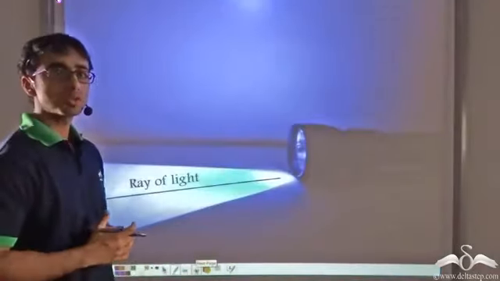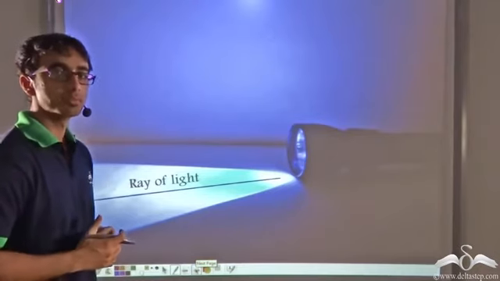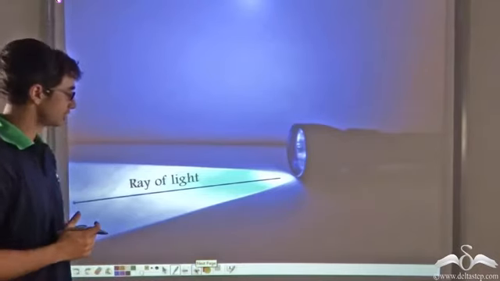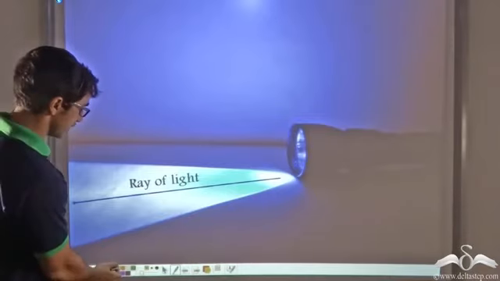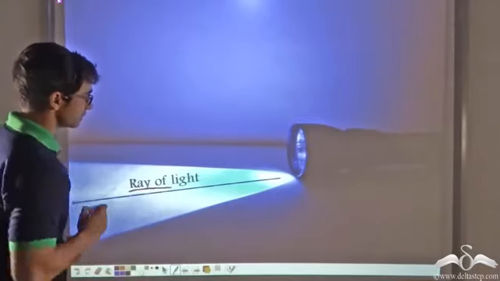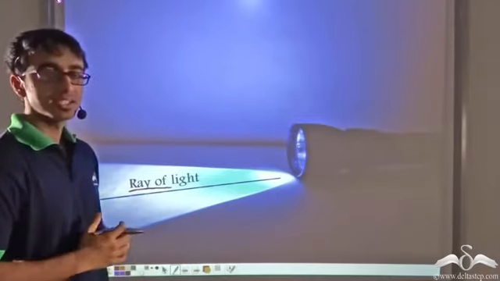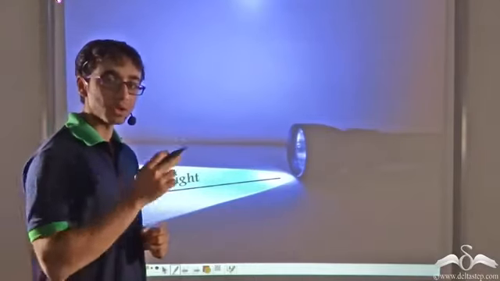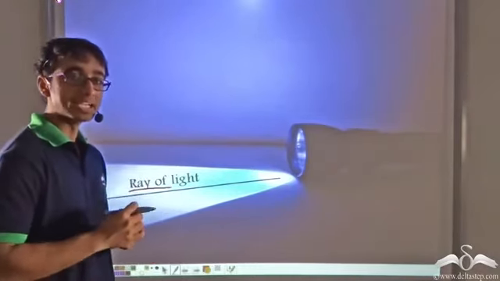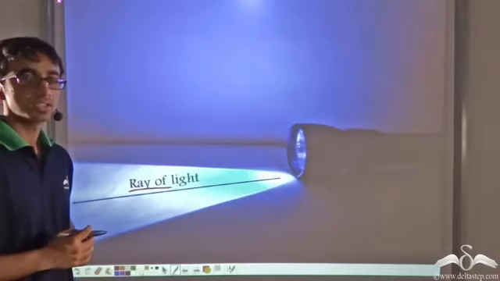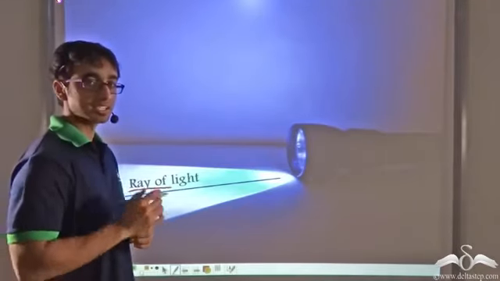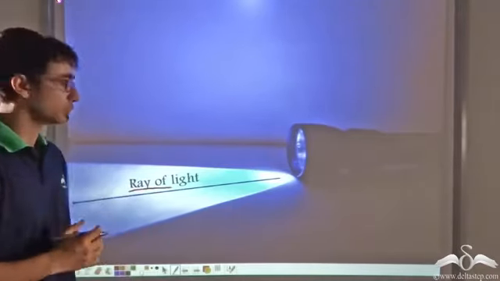Now let us talk about certain definitions that come into play when we are talking about light. What is a ray of light? What does a ray mean? A ray of light is nothing but a line with an arrowhead that is used to indicate the direction of light. Always remember that a ray of light has a direction with it.